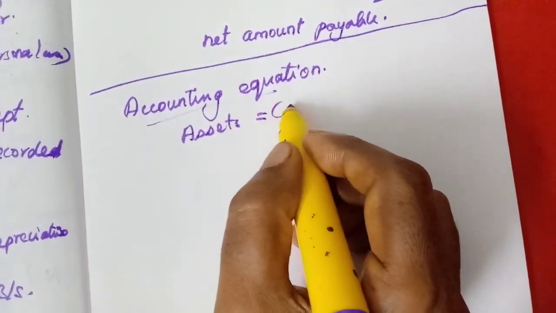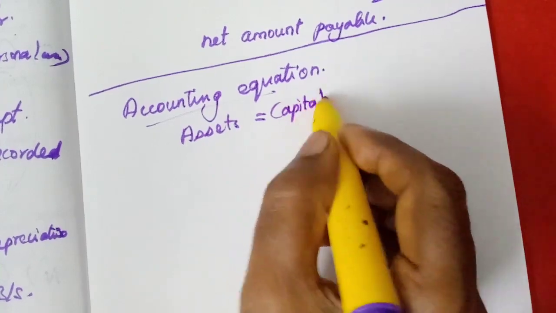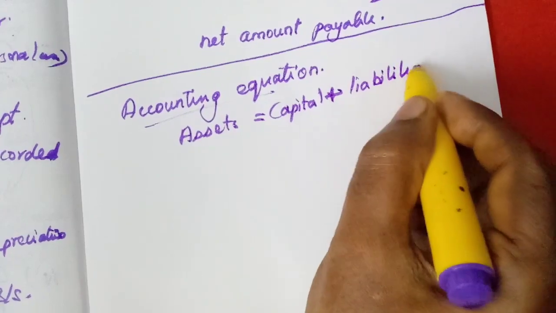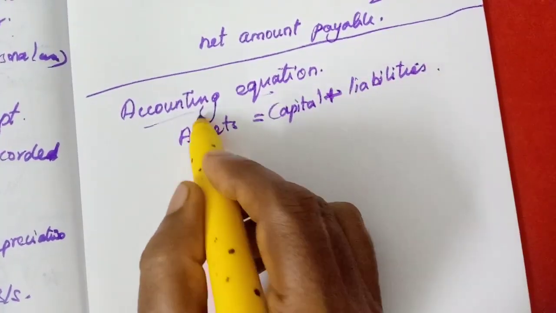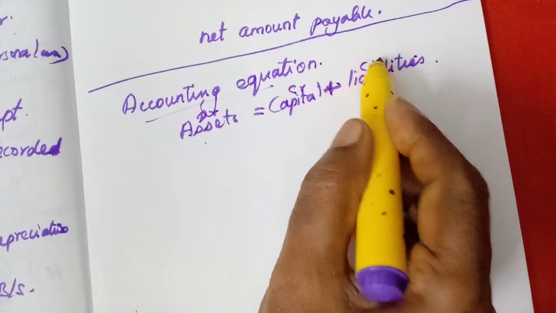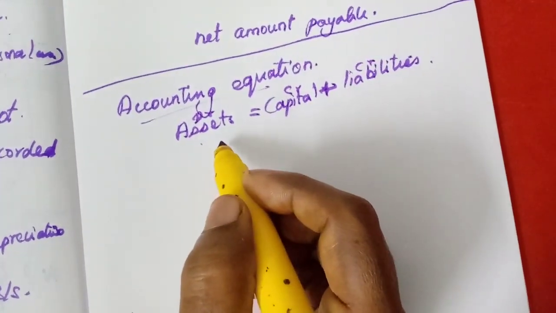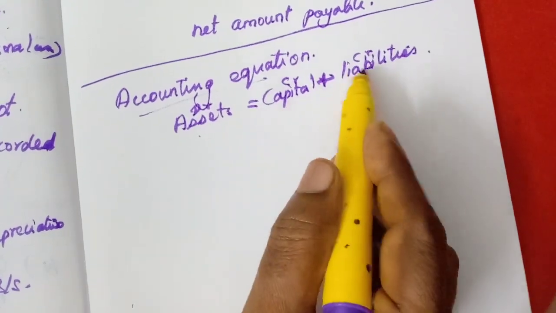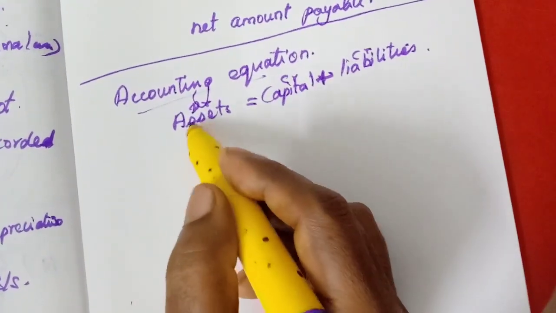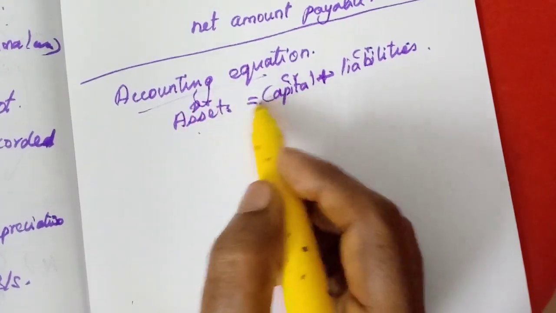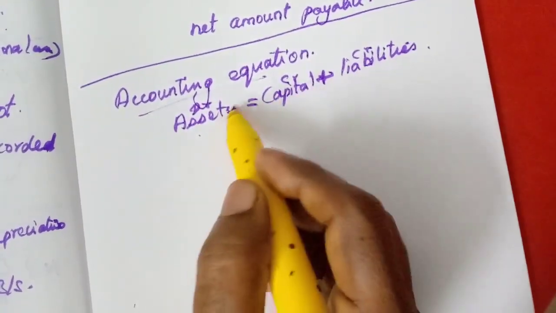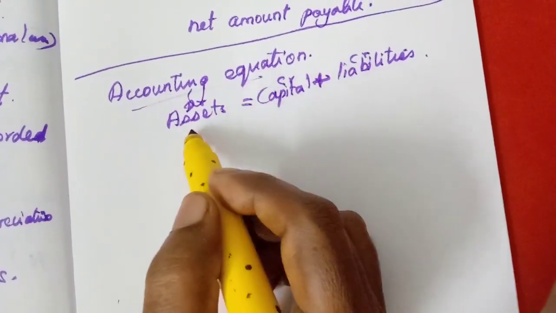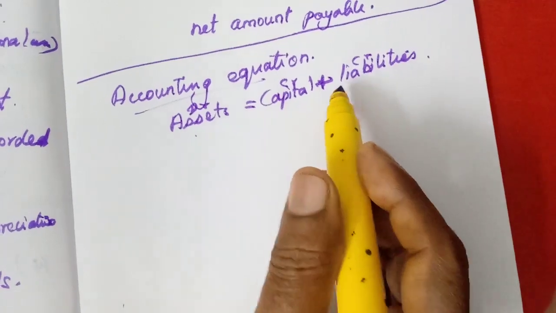All the credit aspects are the capital and liabilities. So all the assets show a debit balance. The capital shows a credit balance, liabilities show a credit balance. So if you add all the debit aspects and all the credit aspects, they will be equal. So this is the accounting equation. Asset is equal to capital plus liabilities.